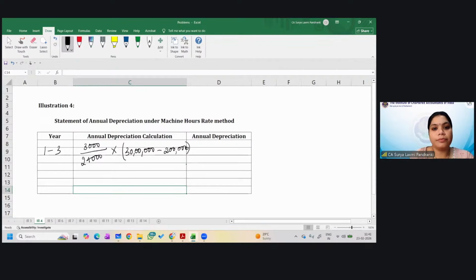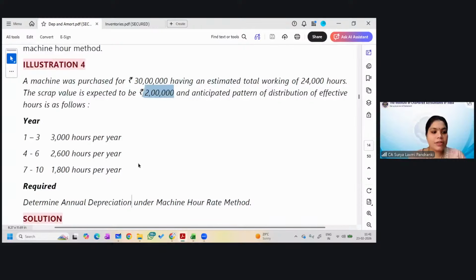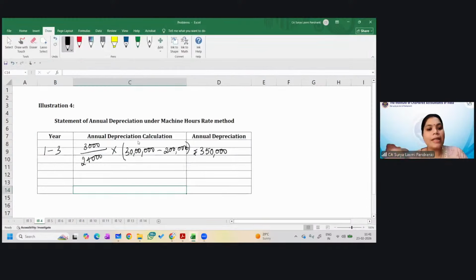Calculate this value. Three lakh 50,000. Is that right? 3,50,000, is it right? Okay.